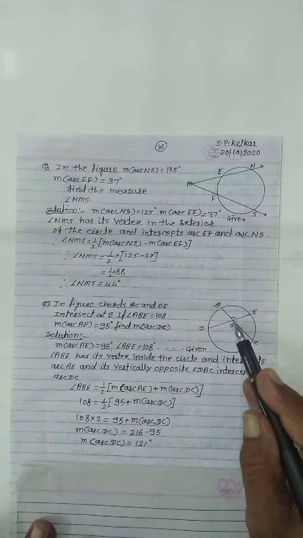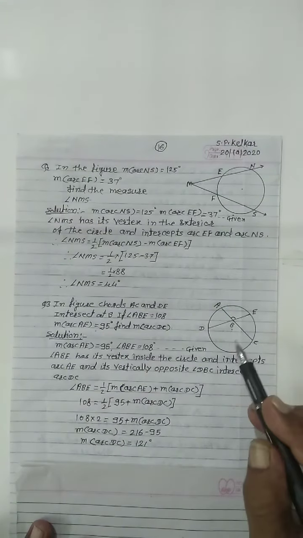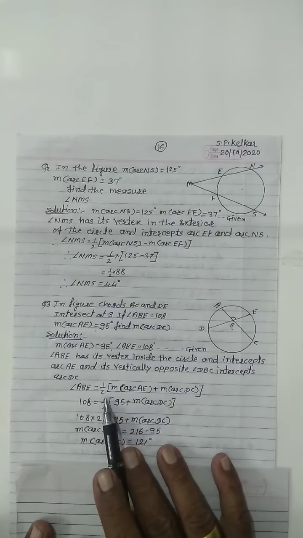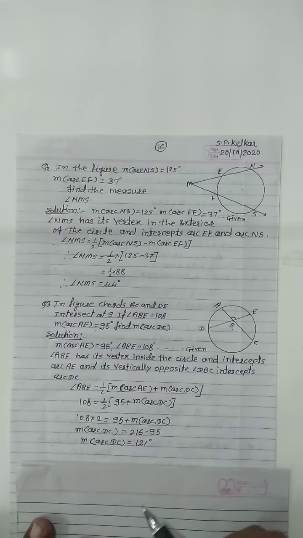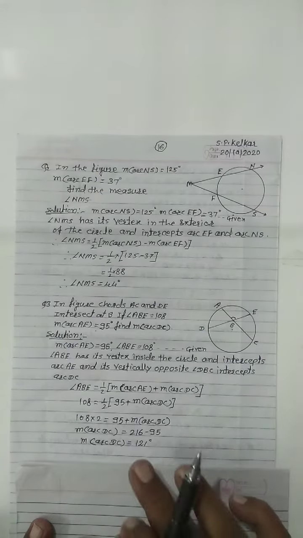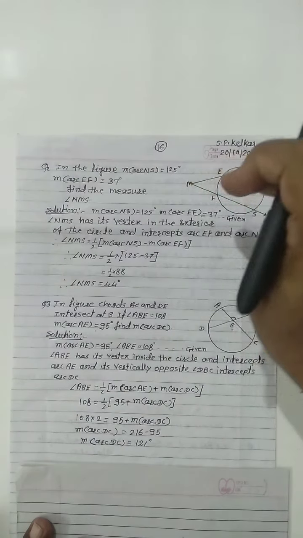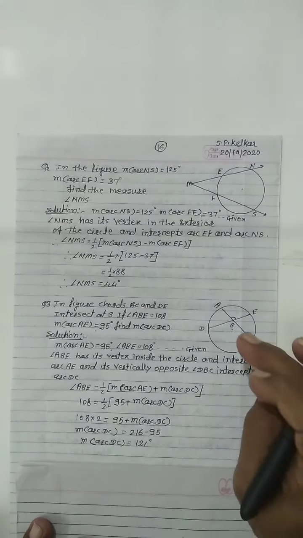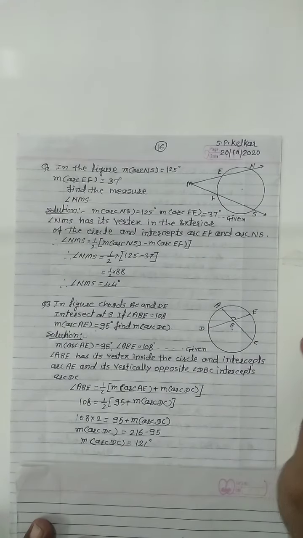If the vertex lies inside the circle, then write the sum of the arcs and its half. Now you must keep in mind which formula we use if the vertex lies outside and if the vertex lies inside the circle.